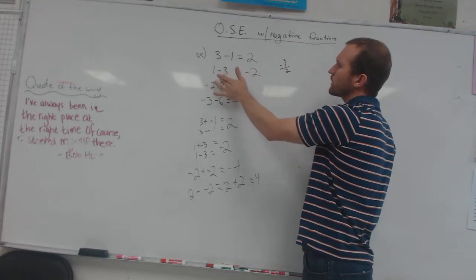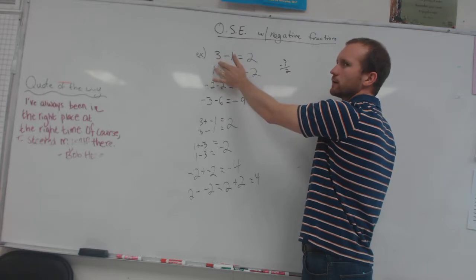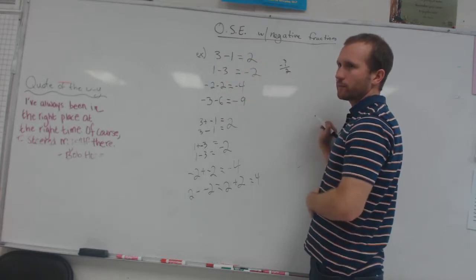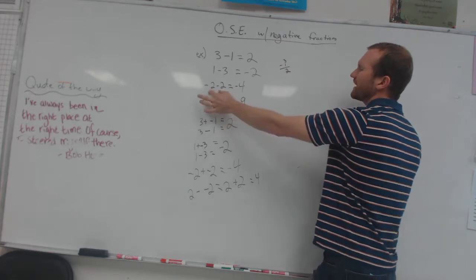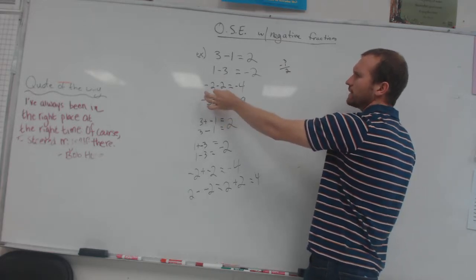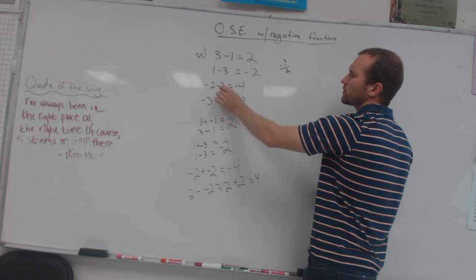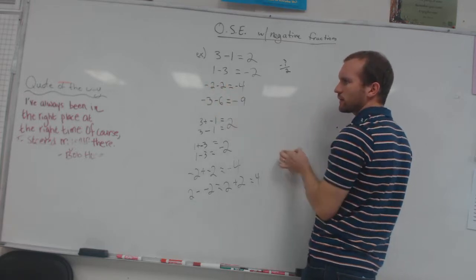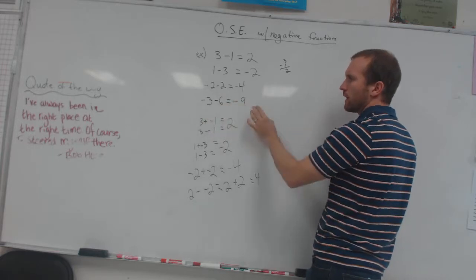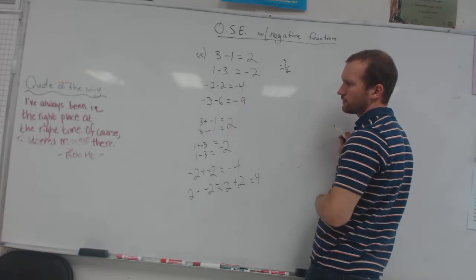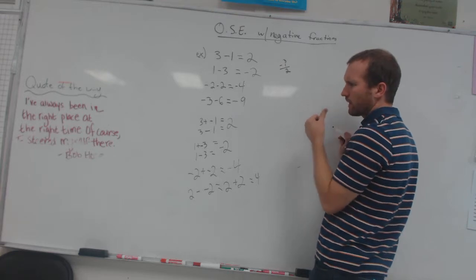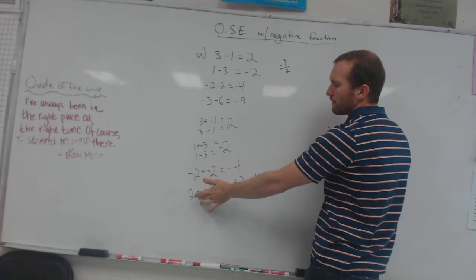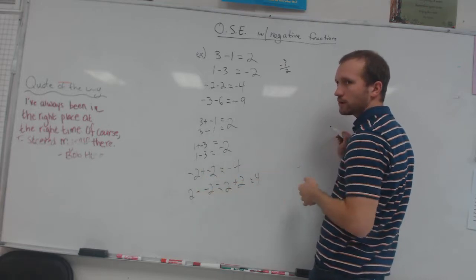So 1 minus 3 is 3 minus 1, but it's a negative of 3 minus 1. If we have two negative numbers, we just add them together. Or if we subtract a number from a negative number, we add them together. And the answer is negative. And if we do plus a negative, that's the same thing as minus. And minus a negative is the same thing as plus.